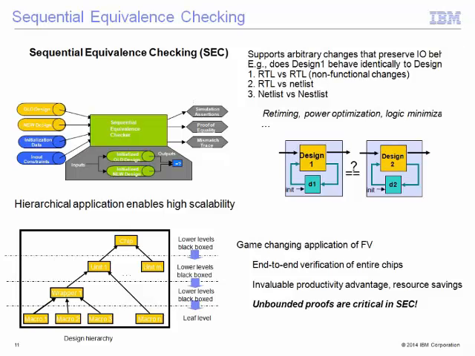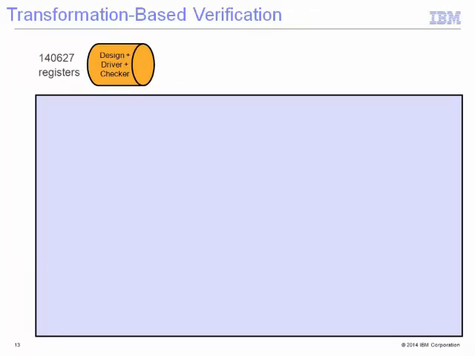Let me first brief on this slide. Our methodology works on what is called transformation-based verification. Let's assume this is your design characteristics: you have a design, driving logic and checking logic, with around 140,000 registers.